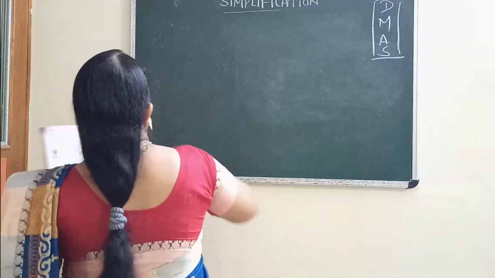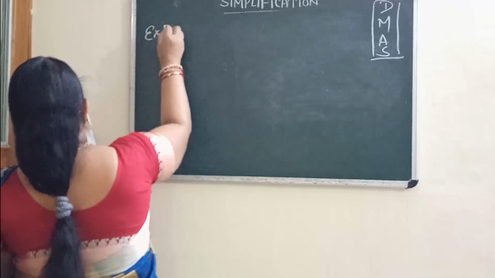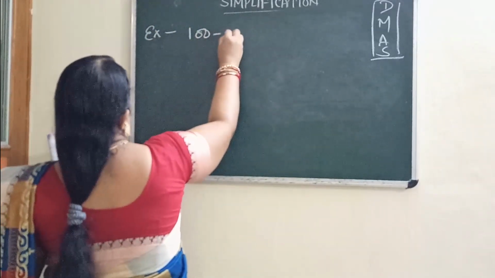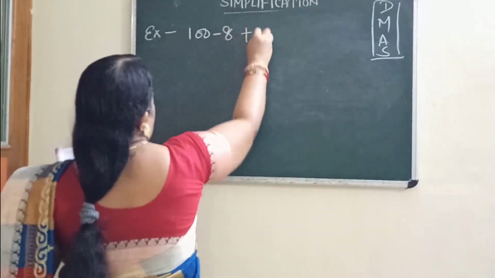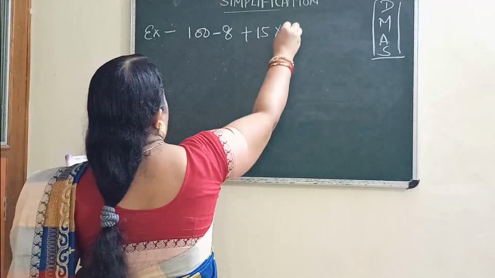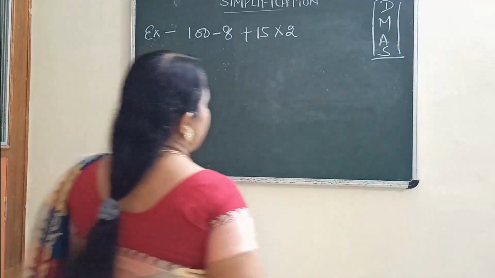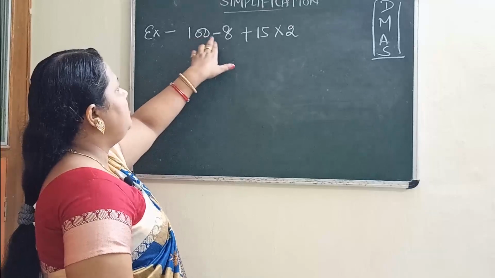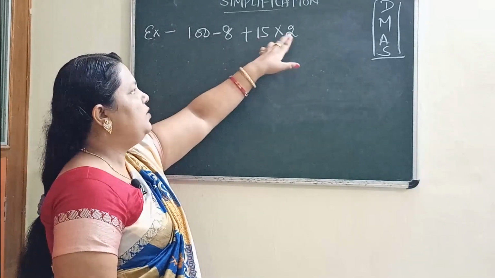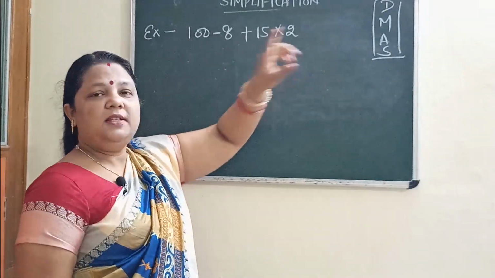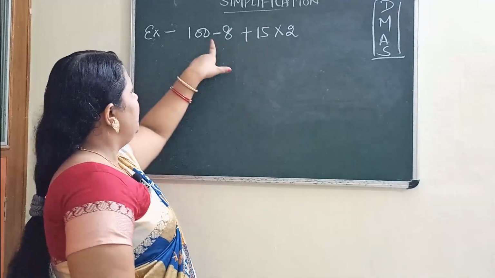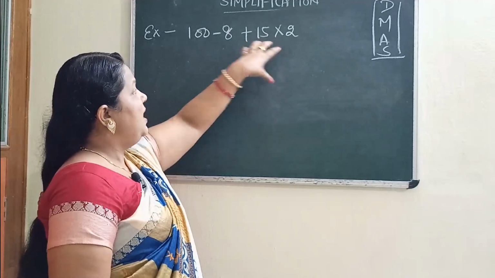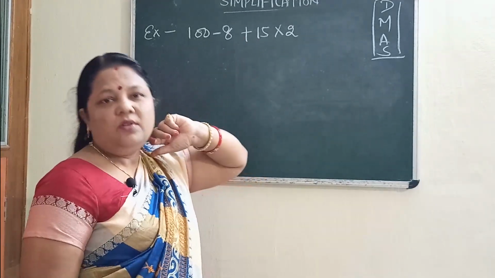Suppose one example I am writing here: 100 minus 8 plus 15 multiplied by 2. This is one example. Means how many operations we are using in one problem? One is subtraction, one is addition, one is multiplication. That means at a time three operations we are going to solve.